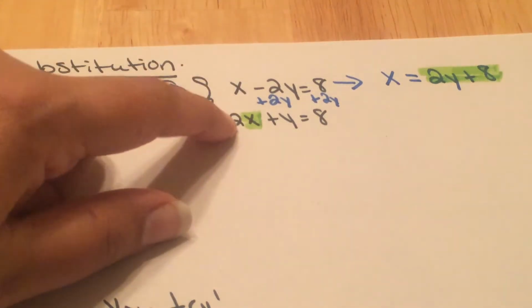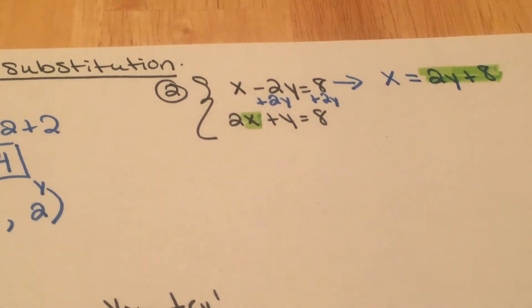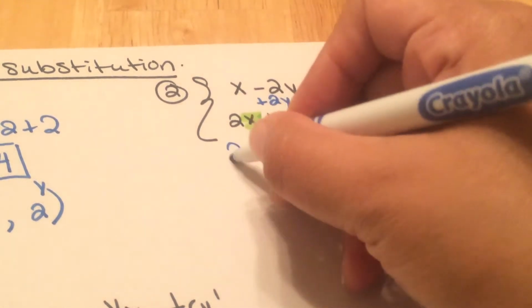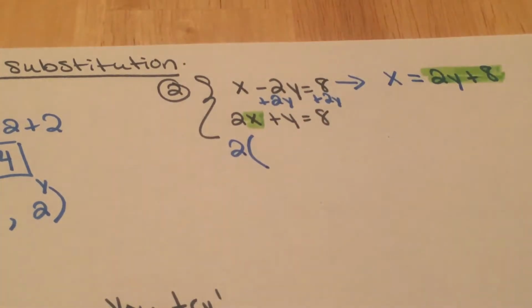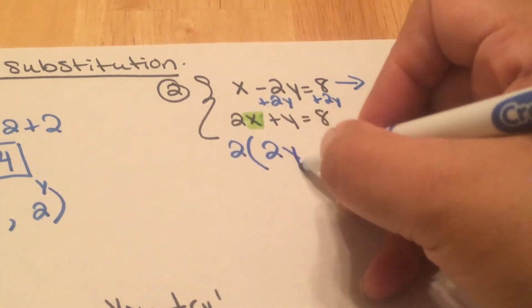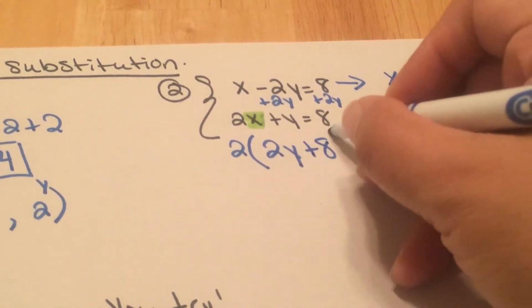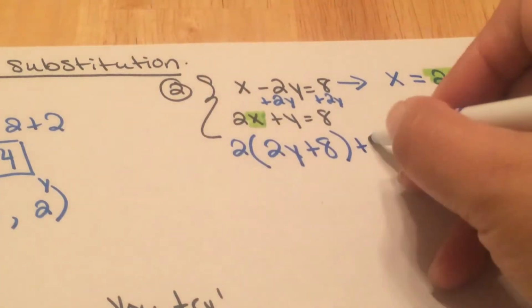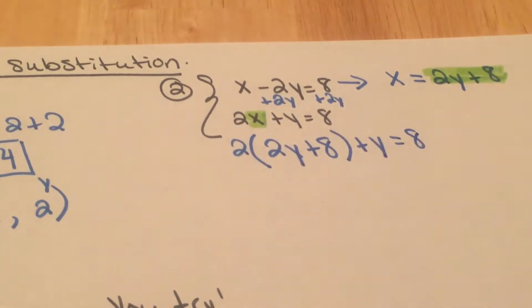But before we do that, going to get one step harder. What does it mean when a number is next to a letter? Multiply. So this is really going to be 2 times, make it really obvious, multiplication with our parentheses, (2y plus 8) plus y equals 8. Now I'm just going to solve like I'm used to solving.